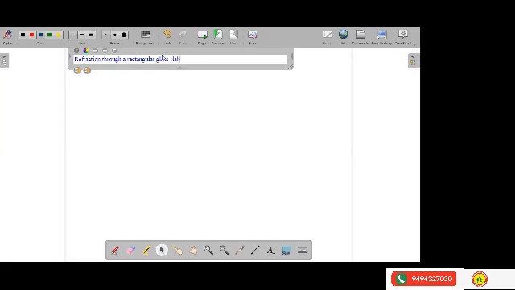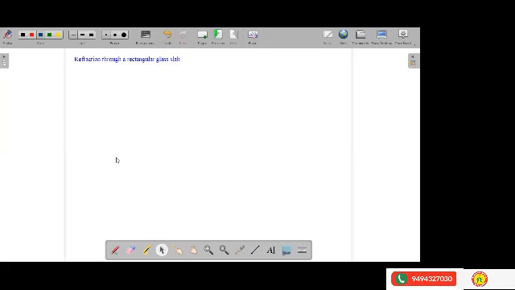So what is the refractive index of the glass slab, if anyone remembers? The refractive index of the glass was 1.5 or 3 by 2. So the glass slab is denser than air.